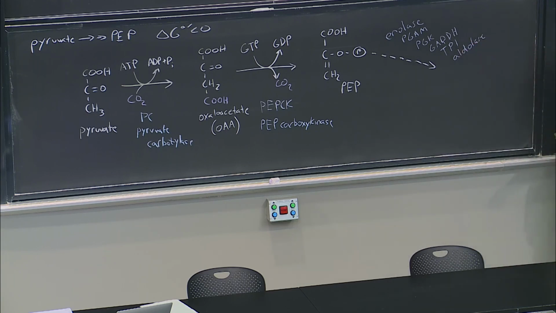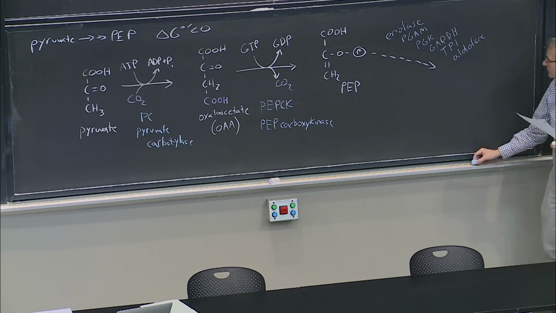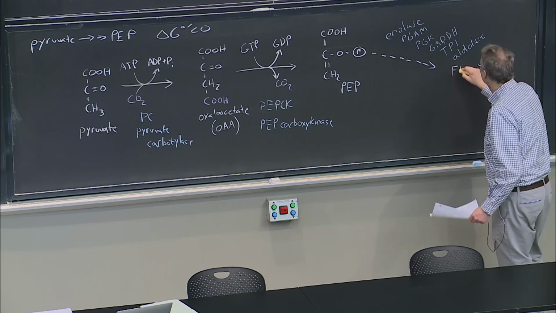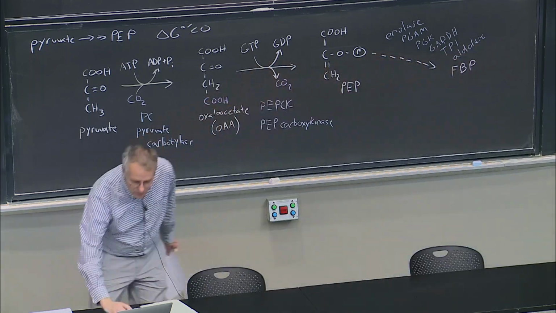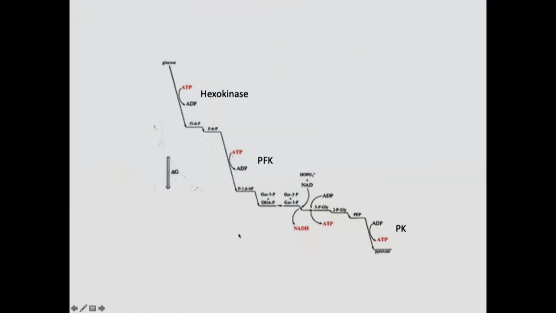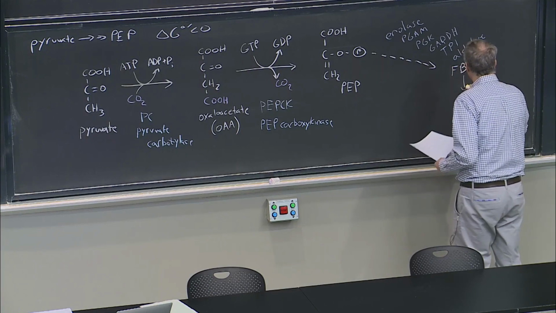This generates a DHAP and a glyceraldehyde 3-phosphate. They can then combine to give a fructose 1,6-bisphosphate.